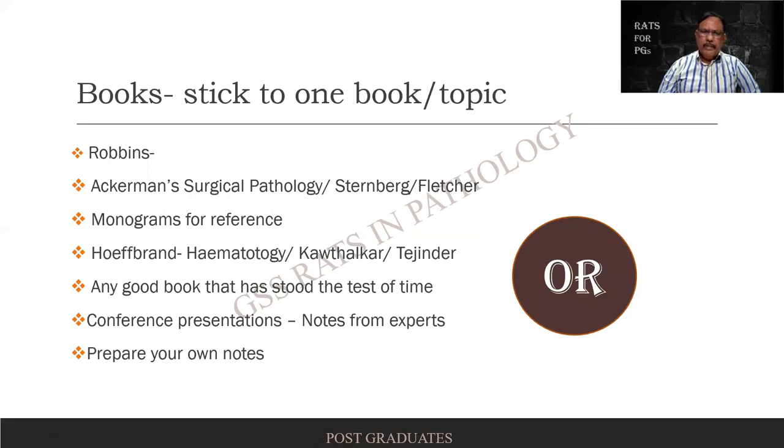For hematology, it can be Hoffbrand, and then a reinforcement with Kaushal Kar or Tejinder Singh as a revision. And what is a good book? Any book that has stood the test of time is a good book. So please do not change your book. By this time, you are the best judge and you are very familiar. In fact, read from your own Robbins rather than from your friend's Robbins.